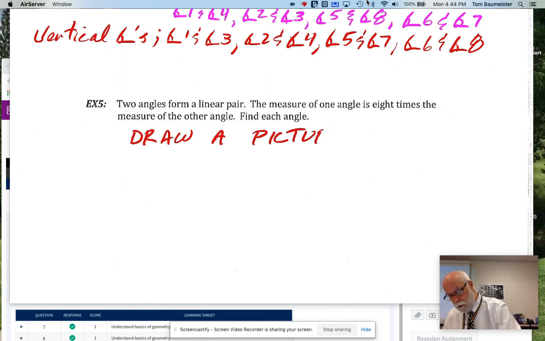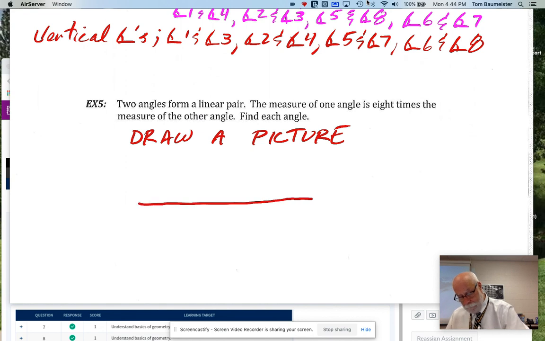So remember, when you're drawing this picture, ladies and gentlemen, linear pair means I have a straight angle. Right? And somewhere in there, they're going to add up to 180 degrees.